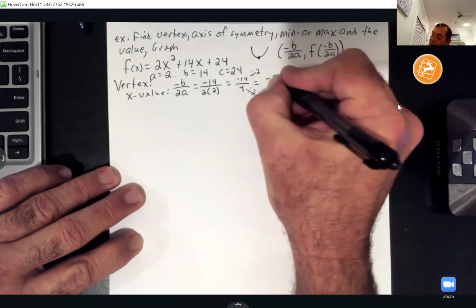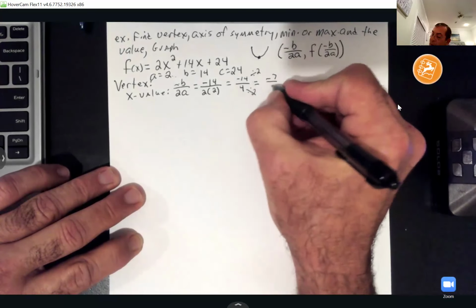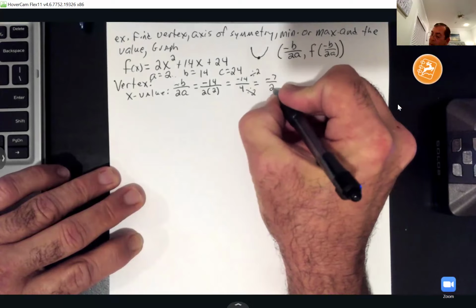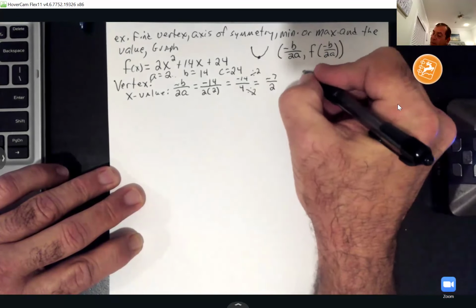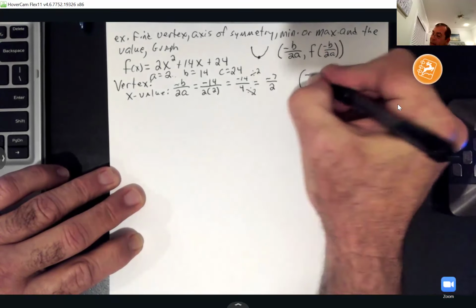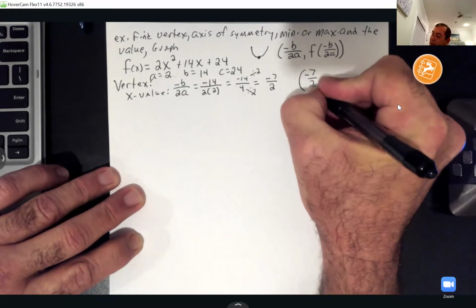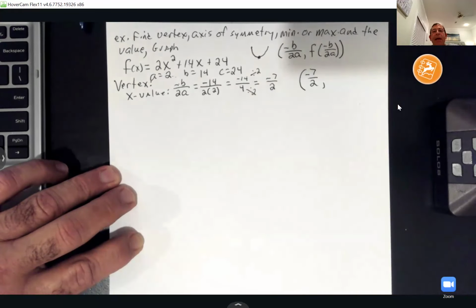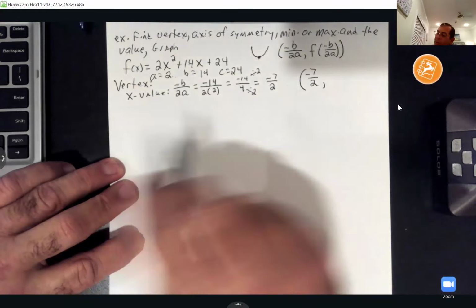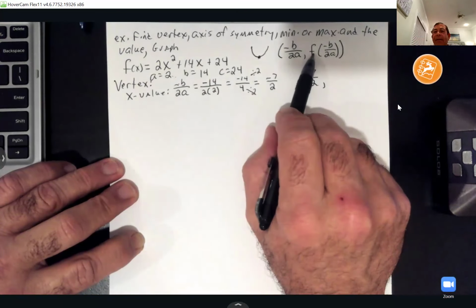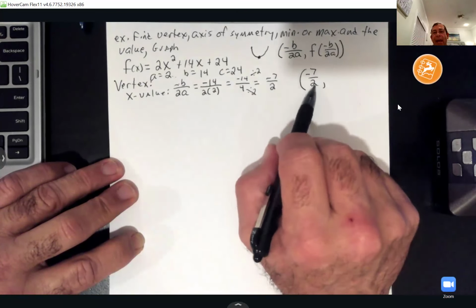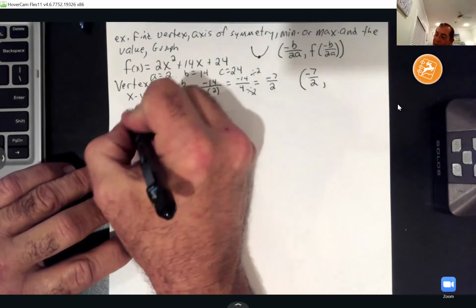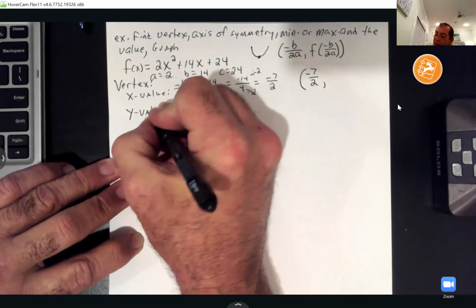So that'll give me a negative 7 over 4 divided by 2 is a 2. So for my vertex, the x value is negative 7/2, which means now I'm finding f of negative 7/2. That way I can get my y value.